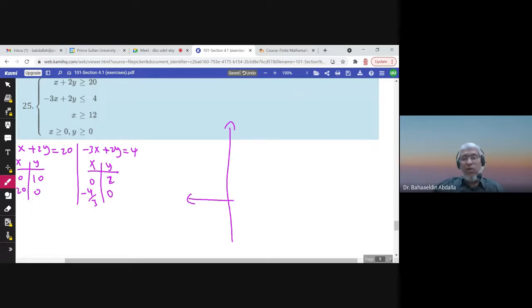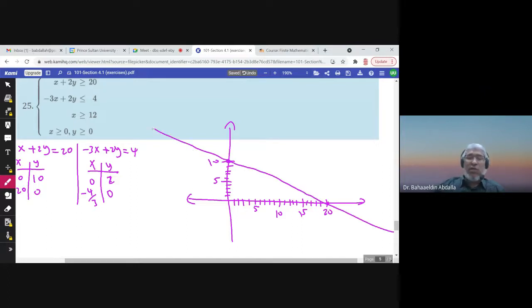Okay, I need big numbers. So also remember x is greater than or equal to 0 and y is greater than or equal to 0. 1, 2, 3, 4, 5, 10, 15, and 20. I need 20, 0 for the first line and 0, 10. So this point and this point, and the line is not dashed.